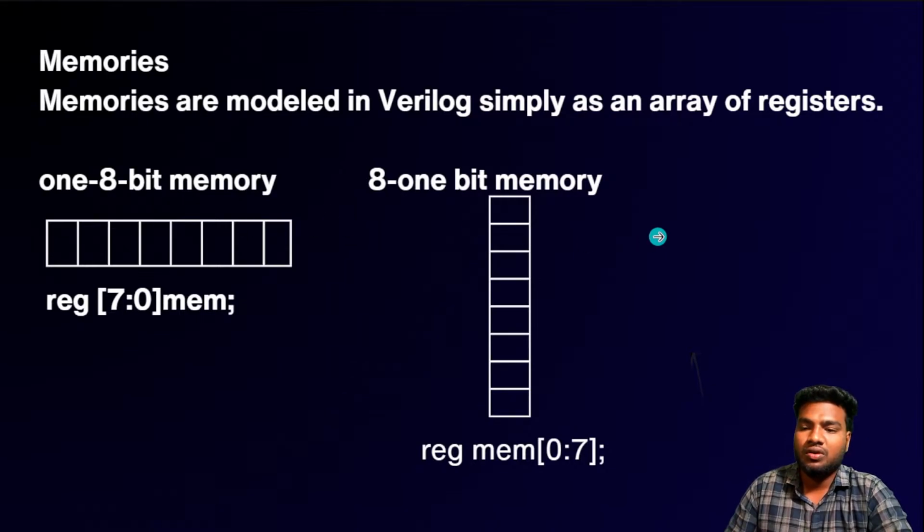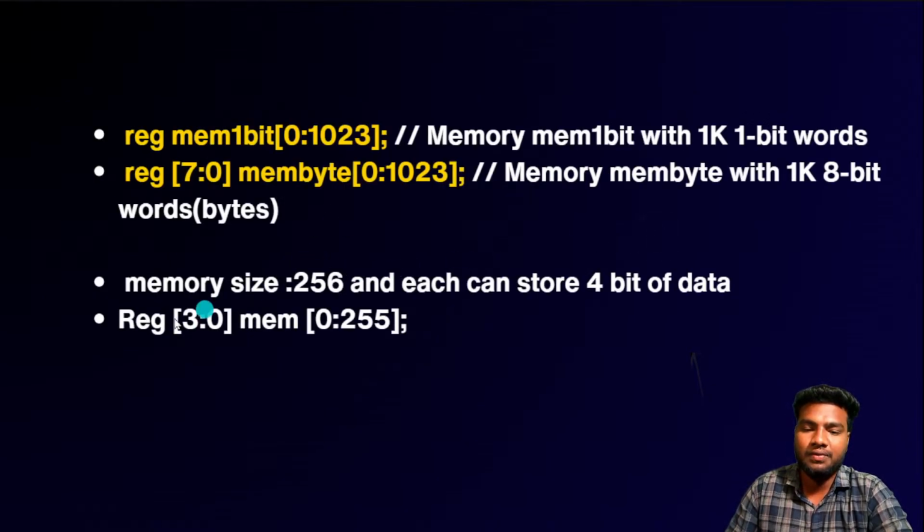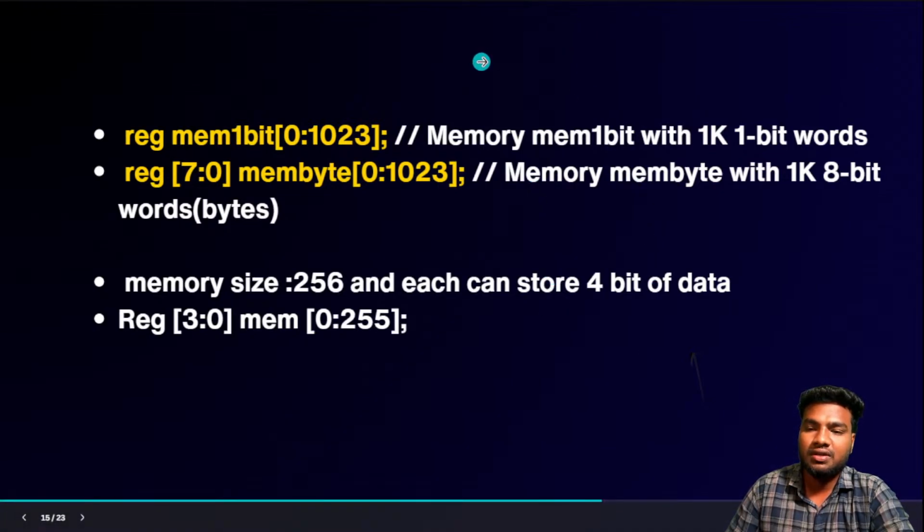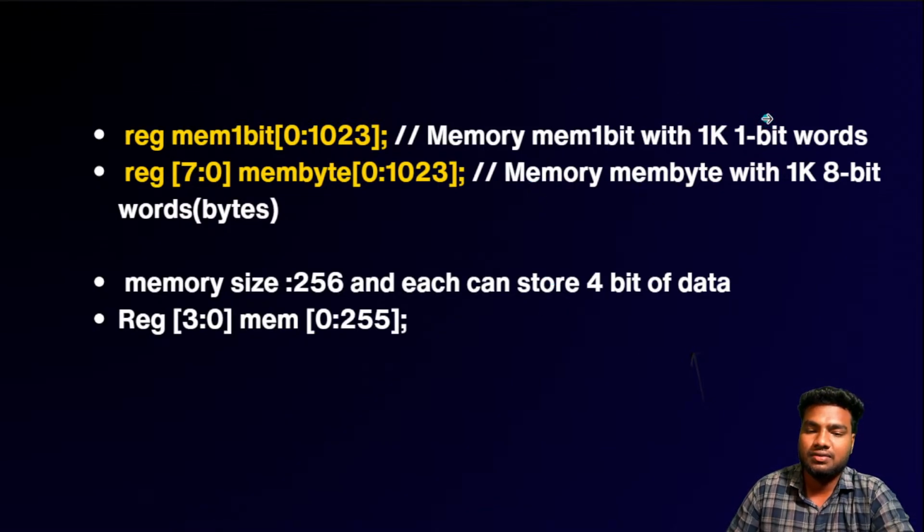And if you use reg 3 down to 0, mem of 0 down to 255, it means it has memory locations 0 to 255, and in each memory location we can store 4 bits of data.